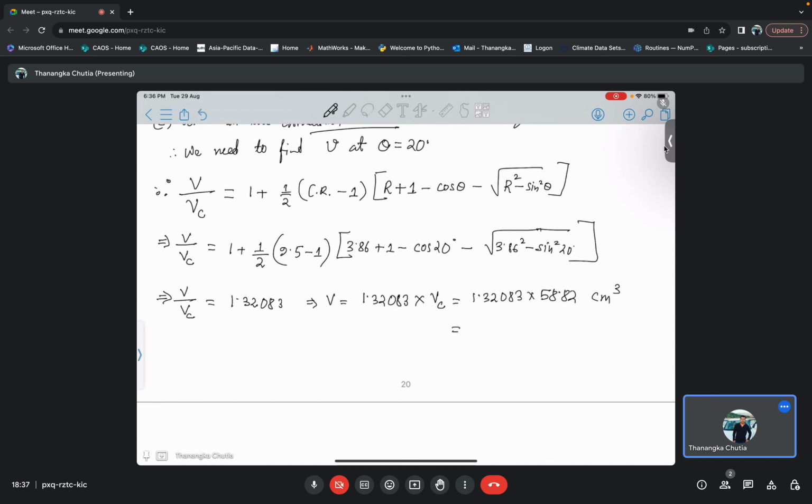Okay, this will be your 77.69 centimeter cube. Okay, so what is this? This is volume in the combustion chamber after the compression. Okay, fine.